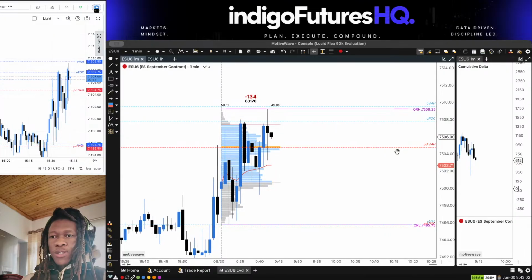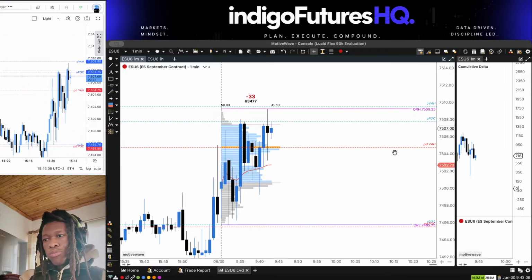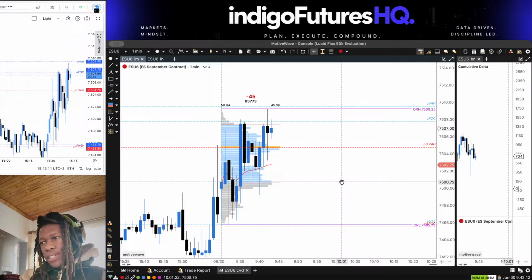I do see this rotating, but 508 to what? To 501, it looks like. 500, 575. Not really worth the risk right now.